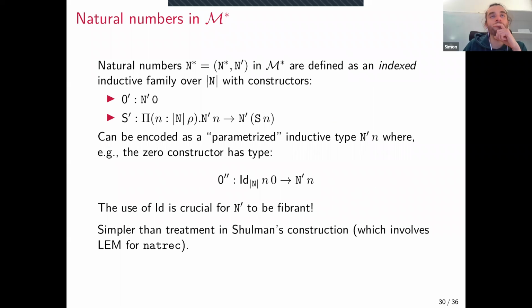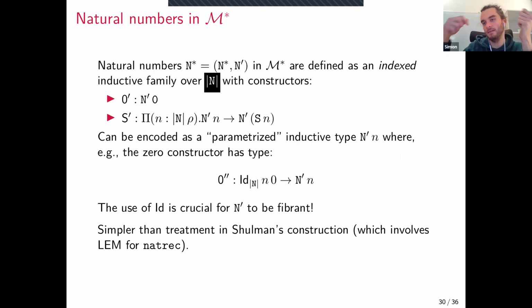Anyway, now comes an important point, which is natural numbers. Sorry, this is a typo here. So natural numbers are also interpreted as a pair. So this should be natural numbers of m. And then there's a computability predicate. Now this is interesting, because this n prime here is defined using an indexed inductive family over the closed terms of NAT.